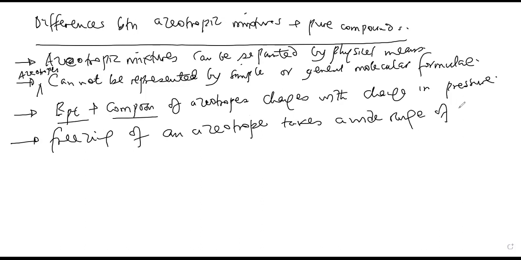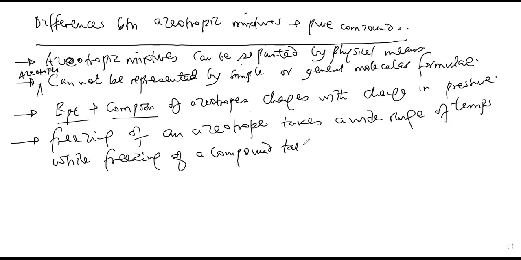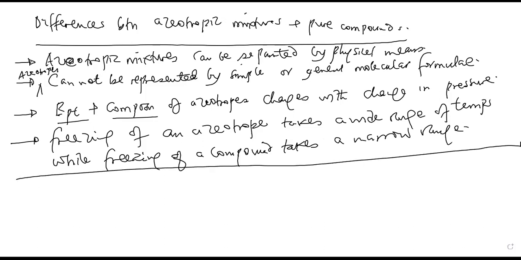While freezing of a compound takes a narrow range. So these are differences or ways in which compounds are different from azeotropic mixtures.